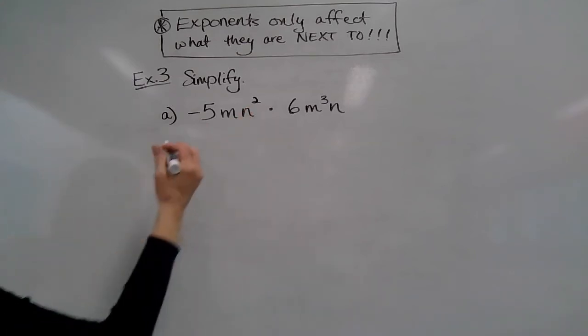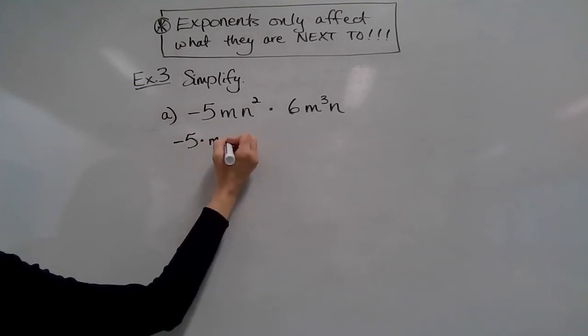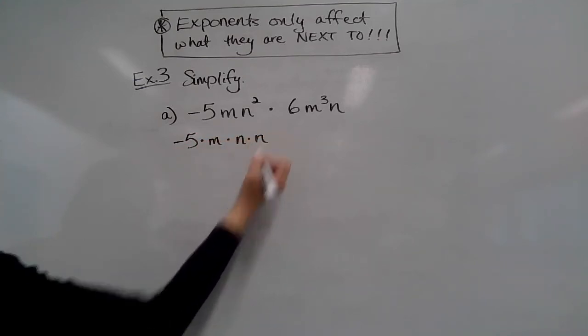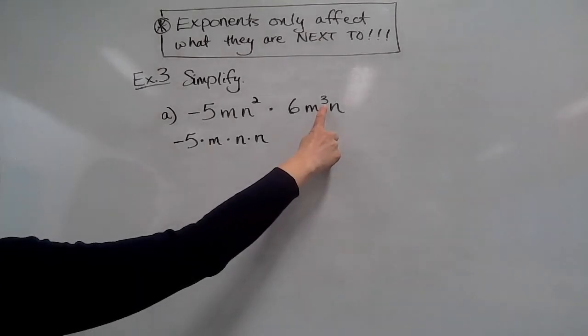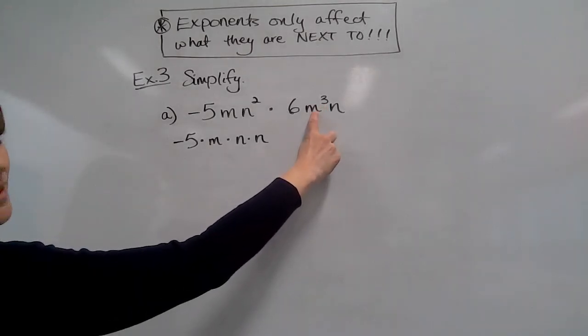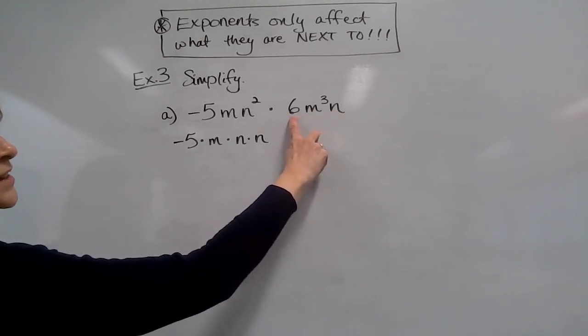So if we were to write this out the long way, it would be -5 times m times n times n. That is being multiplied with the second term. And in the second term, there's a power of 3. The power of 3 is next to the m. It is not affecting the n, and it is not affecting the 6.